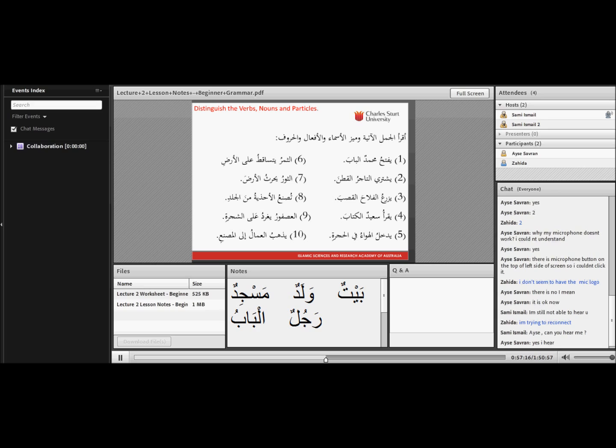Okay, Sister Aisha, are you able to read the first sentence? Yes. يفتح محمد الباب. Okay, that's good. If you don't mind me asking, how did you know how to read it without the vowels? Are you familiar with Arabic before? Some common verbs I'm very familiar. فتح ماضي, يفتح مضارع, same feel. Yes, correct, mashallah.